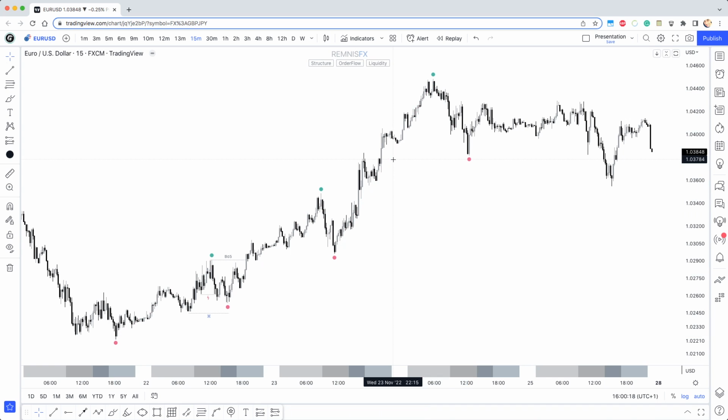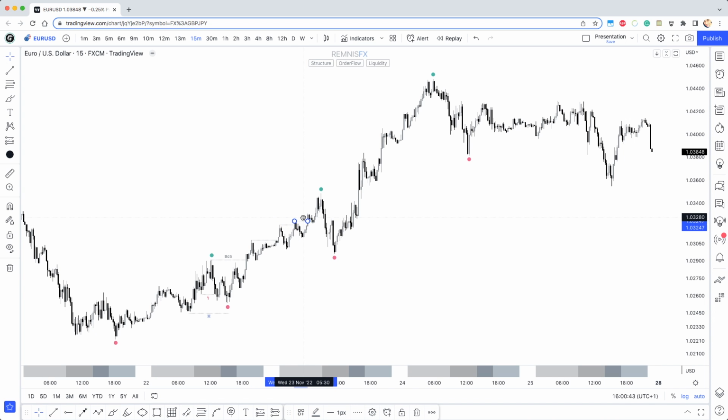And now, why is this one here your high or low and not this one or this one or this one, right? Because if you look at it, most people will see these minor or internal structure breaks also like a break of structure, right?